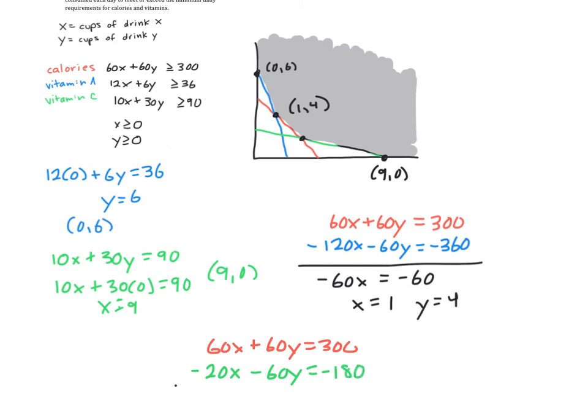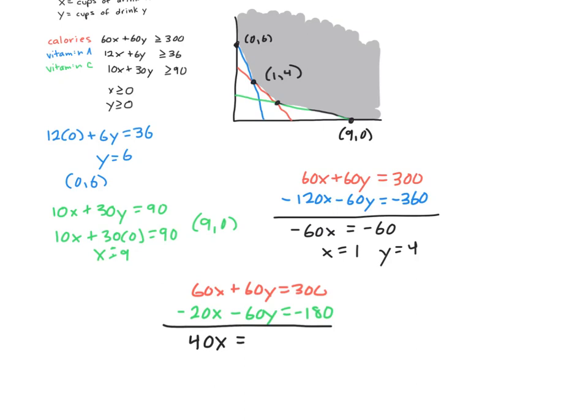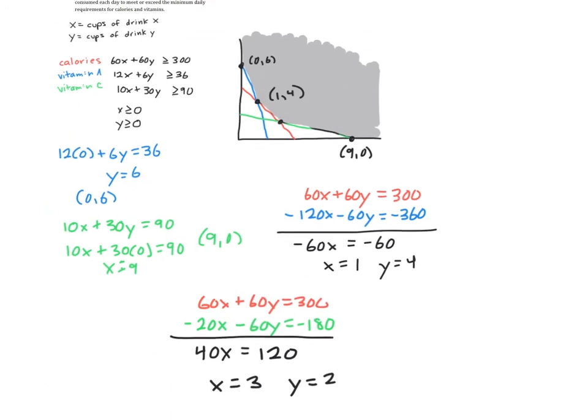So we get 40x equals 120. So x will equal 3, and then if you substitute that in, we get y equals 2. So that's going to be our last coordinate.